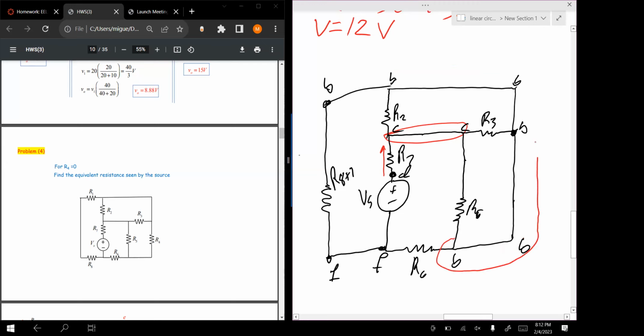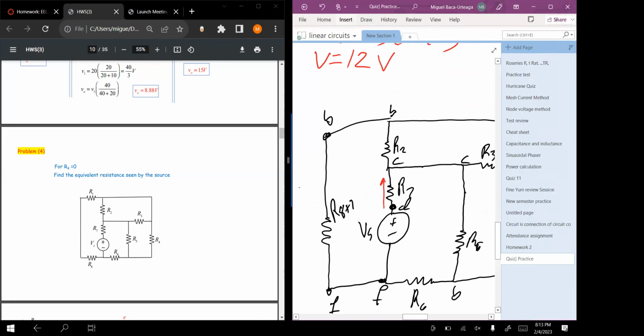So are R3 and R2 in parallel with each other as well as R5? Yep, that's exactly what I was getting at.